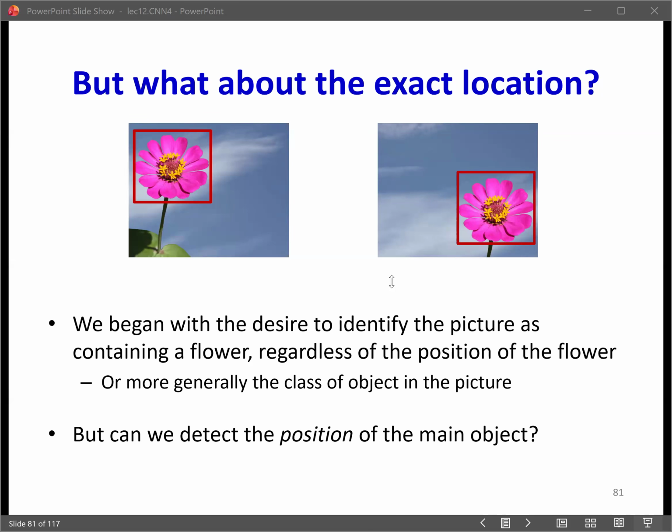What about the location? We said we want to build a network that will fire regardless of the location of the flower. But that we obtain by effectively scanning for the flower. And so if it fired at any location in the picture, it means there was a flower. But then could we not look at where it fired and also detect where the flower occurred? What do you guys think?